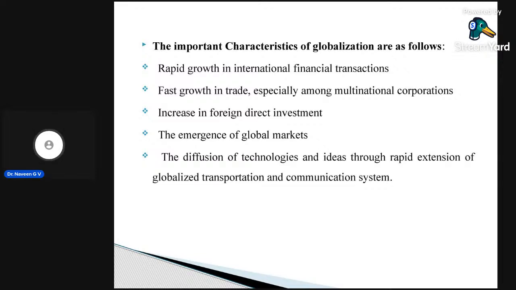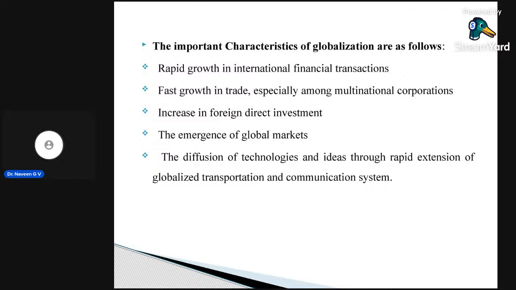When they increase, the financial transactions also increase at the international level. Fast growth in trade, yes, of course. When comparing the local and national level, when they enter the international level, fast growth of trade takes place in multinational corporations, and an increase in foreign direct investment. Just as I told you, FDI also takes place in the case of globalization.